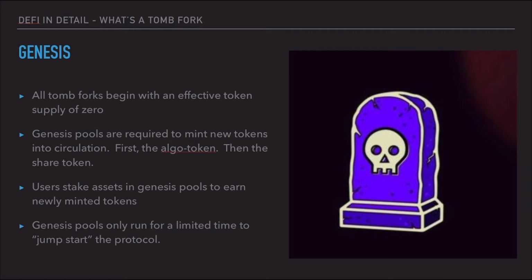So these Genesis pools generally first mint the algorithmic token, and then you also see Genesis pools that will earn share token as well. And these Genesis pools really only run for a limited time in order to jumpstart the protocol. The Genesis pools are not intended to run indefinitely.